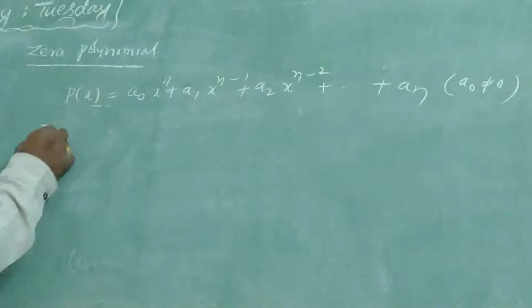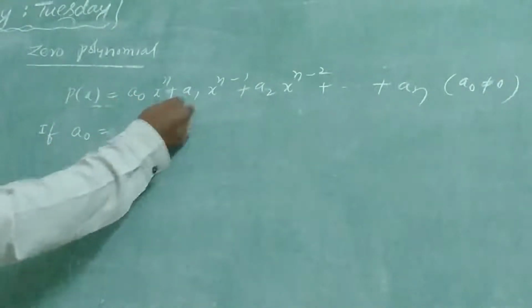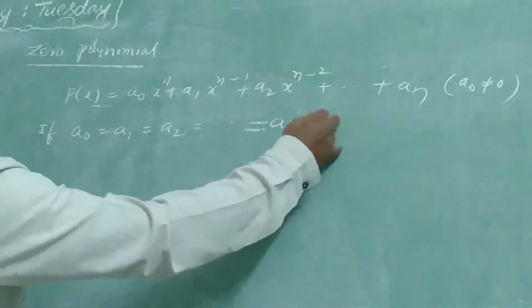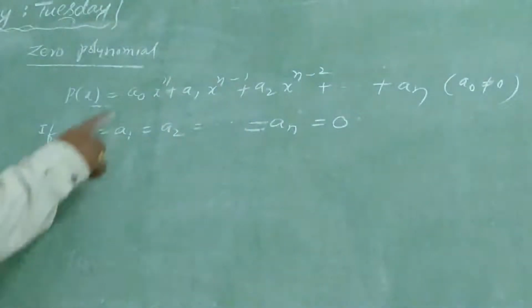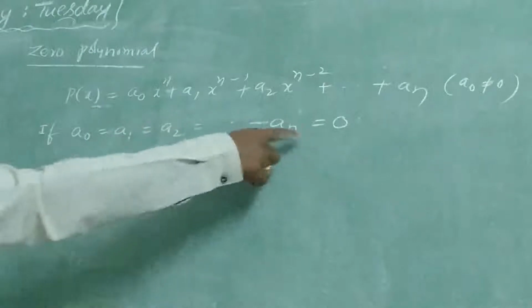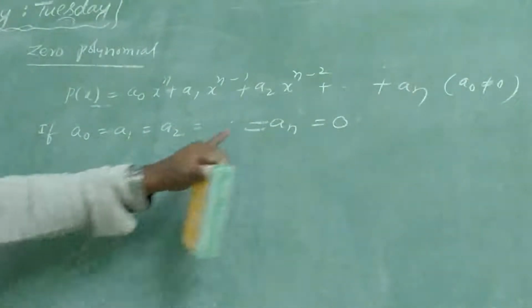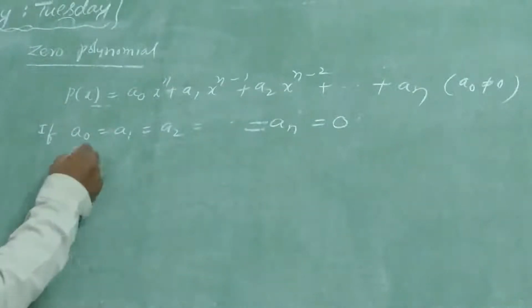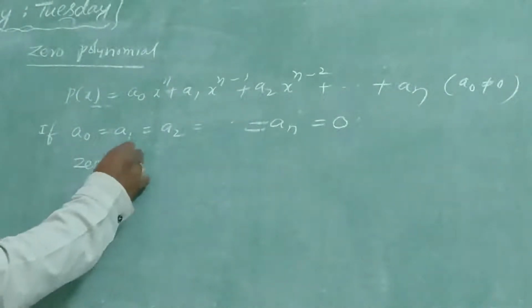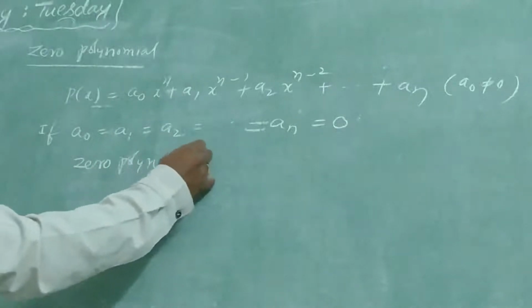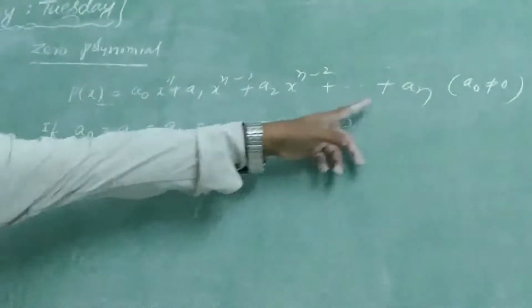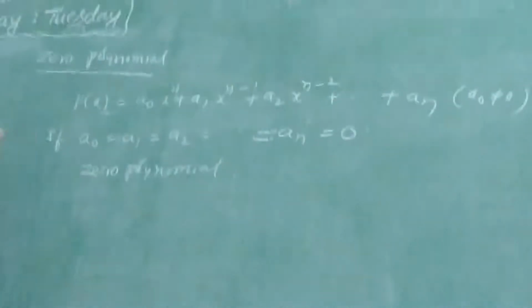That means if a0, a1, a2 and so on up to an are all equal to 0, then the polynomial is called a zero polynomial.